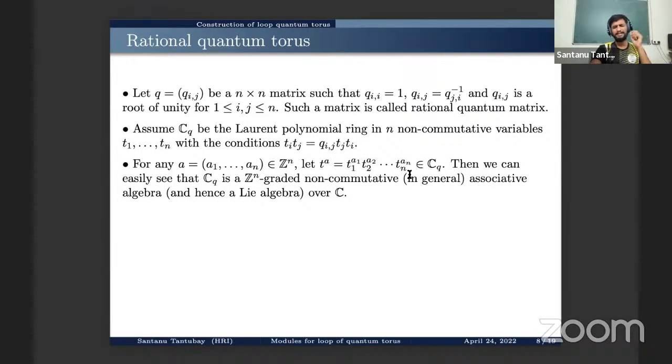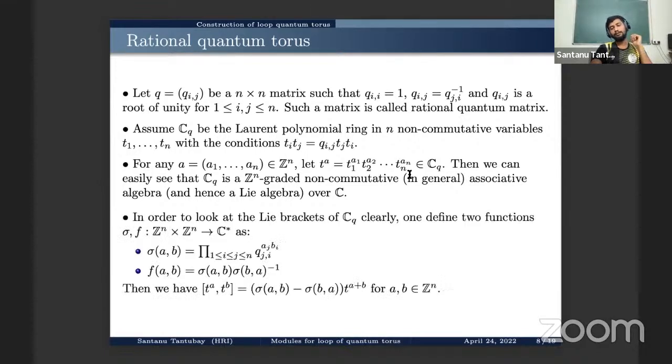Then for any a in Z^n, suppose t^a is t_1^a_1 t_2^a_2 up to t_n^a_n, then we can see that C_Q is a Z-graded non-commutative associative algebra over C. Hence, it will be a Lie algebra over C.